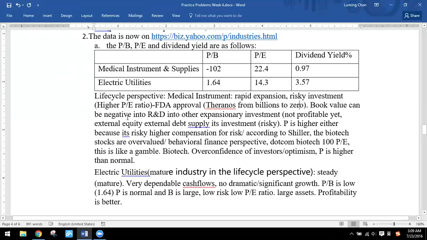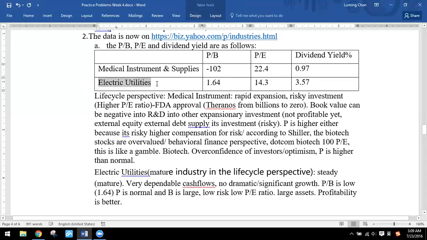Book value can be negative because the company puts a lot of money into R&D or other expansionary investment, which is not profitable yet. And they have to refinance through external equity or external debt to supply its investment. That's why the book value is negative.